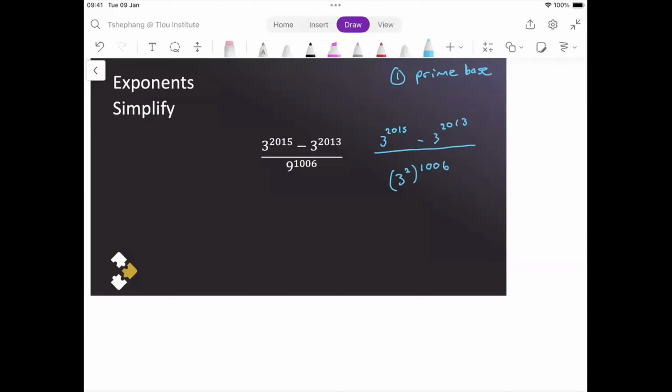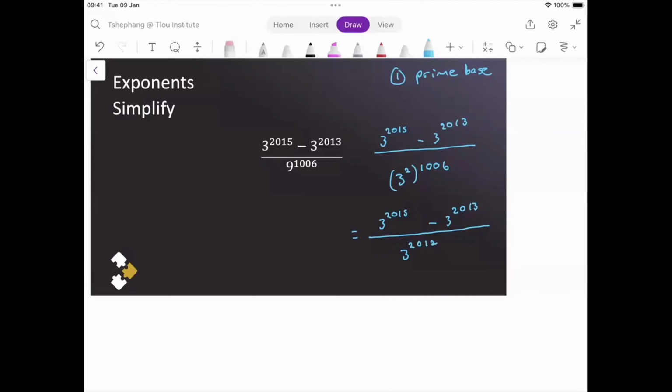Now let's clean it up. 3 to the 2015 minus 3 to the 2013. If you see any mistakes, you are more than welcome to correct me, but I'll try to pay extra attention so I don't make any silly mistakes. Then we multiply, we're going to have 3 to the 2012. Now we're winning.